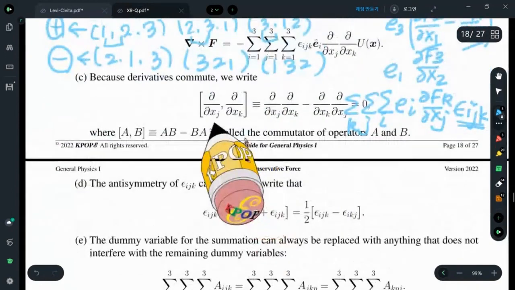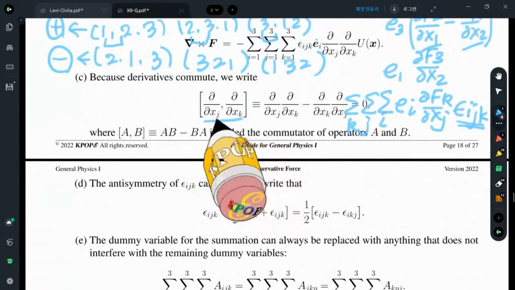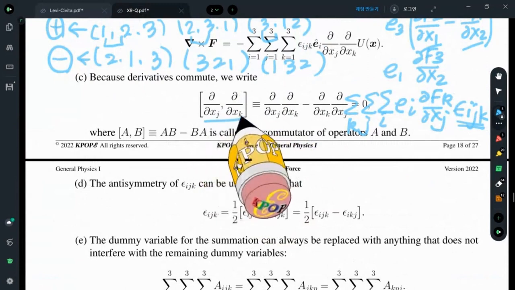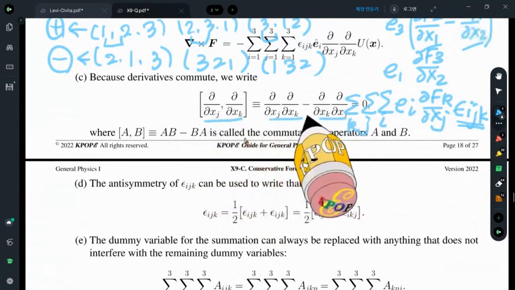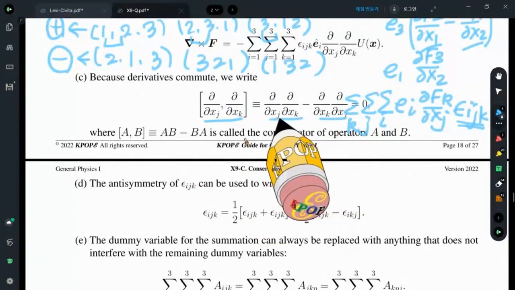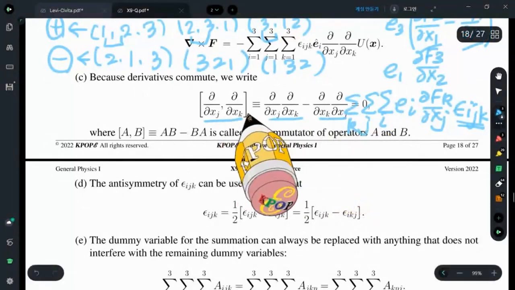In such a calculation, we always use the commutation relation. The derivatives with respect to two variables always commute. We can exchange the order, x derivative and y derivative, and y derivative and x derivative.